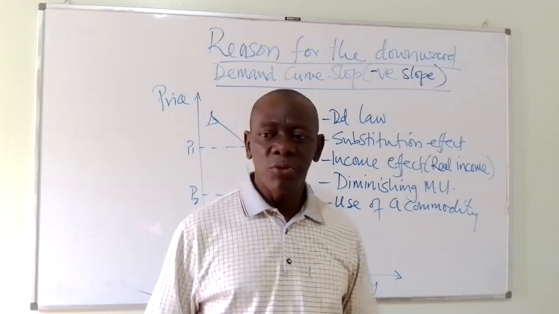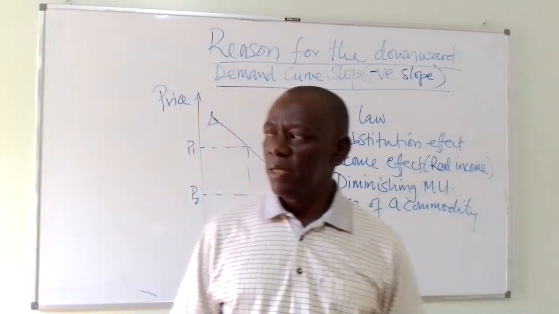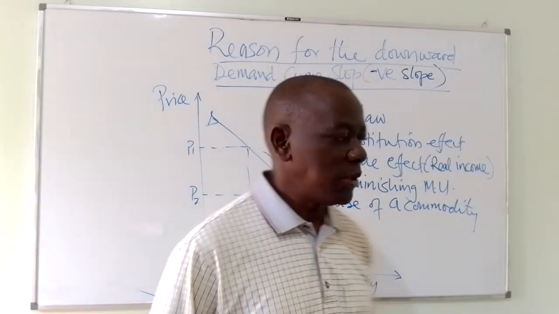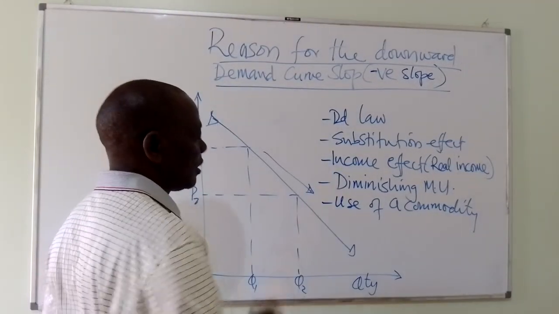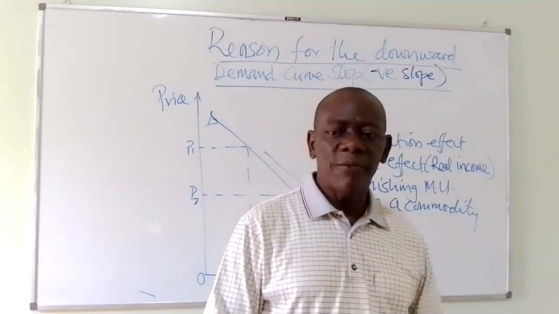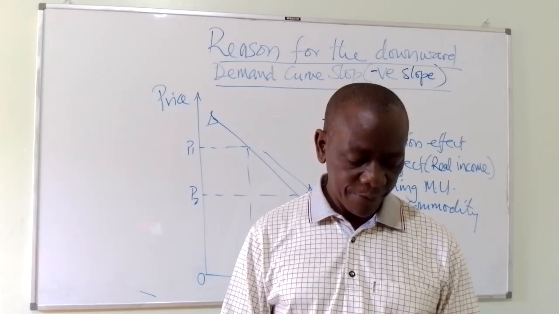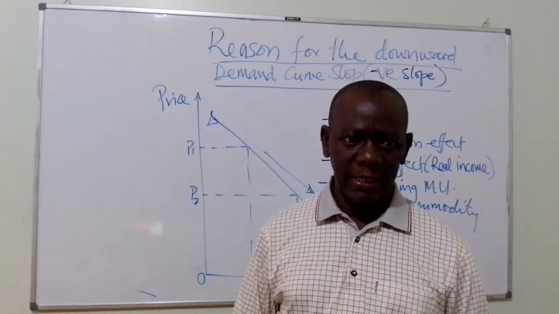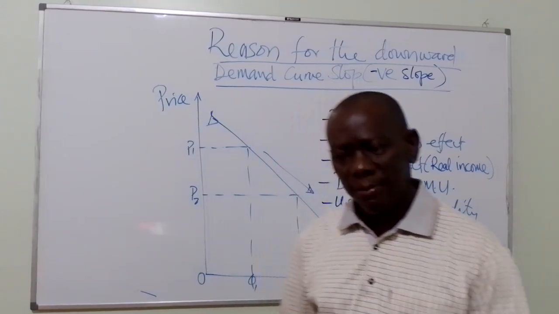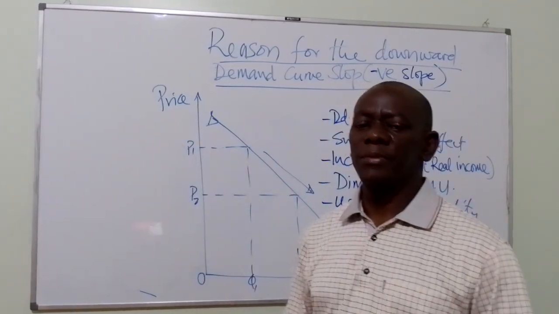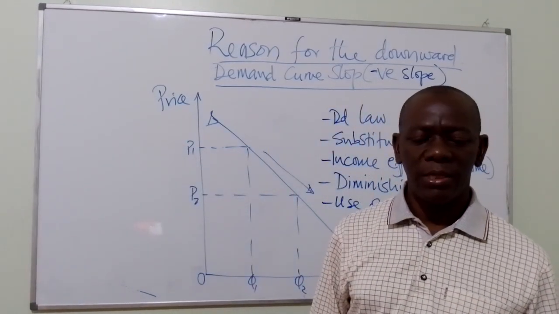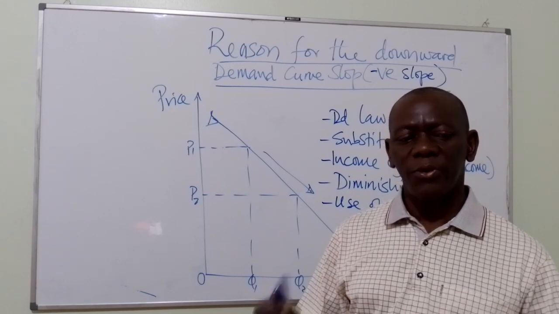Another one is the substitution effect. We know very well that when we talk of a substitution effect, commodities that have substitutes, in most cases, are affected. When the price of a commodity goes up, people tend to run to the substitute whose price has gone down.